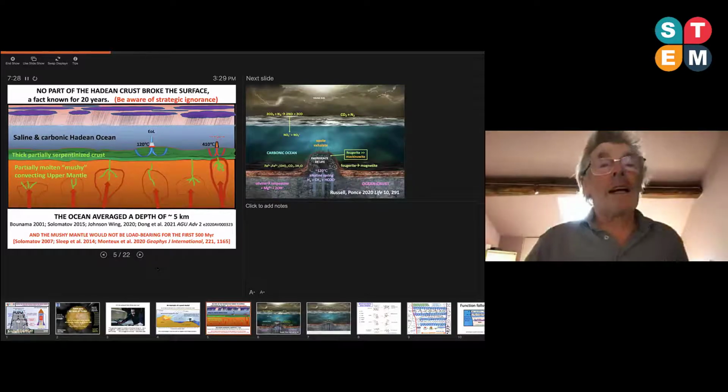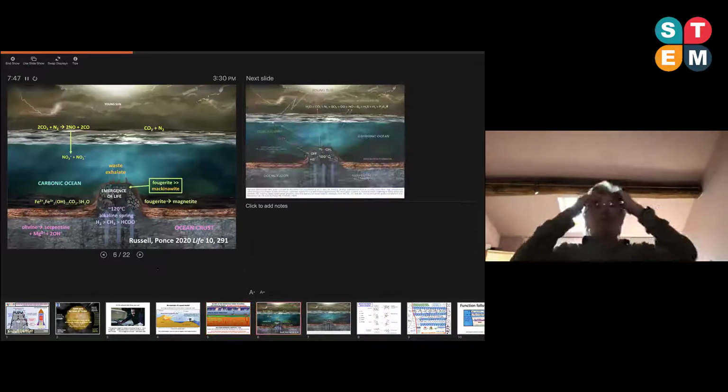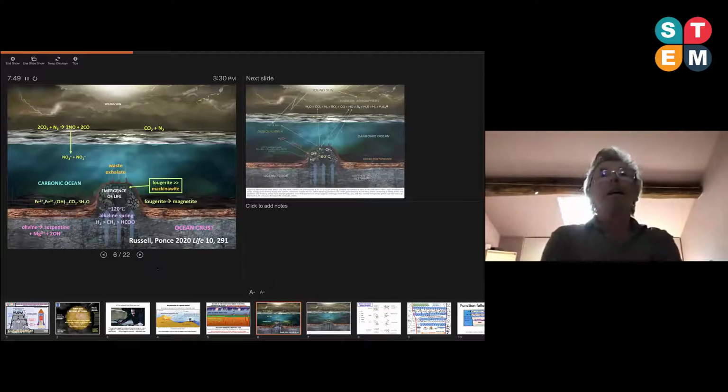That is melted silicates, and they are still so mushy for the first 500 million years that they cannot support load. So although you can have convective systems and they might come to the surface in volcanoes and so forth, none of them will reach the surface of the ocean. So this is how we see the early ocean, as I say, 4 or 5 kilometers deep.